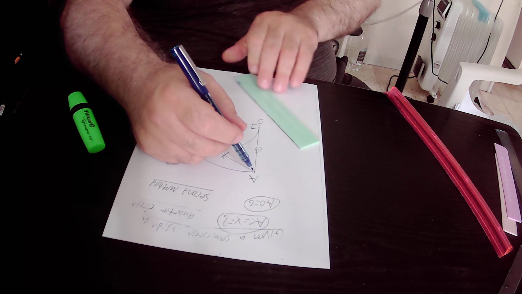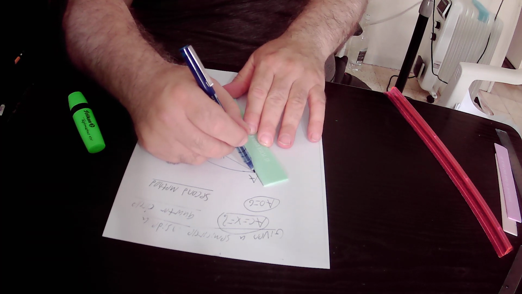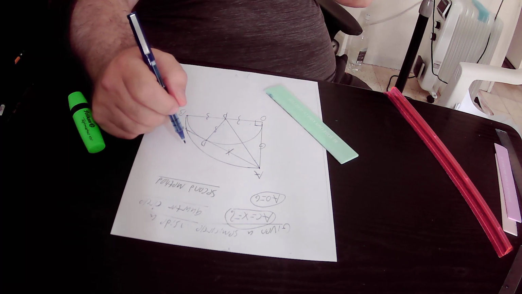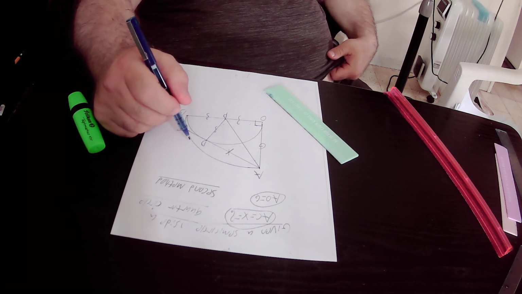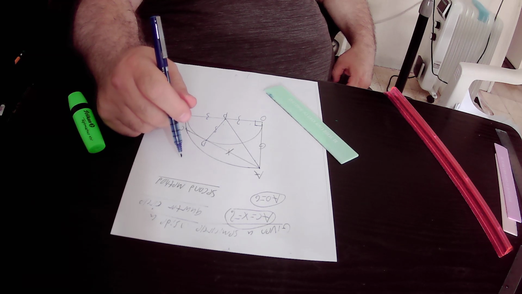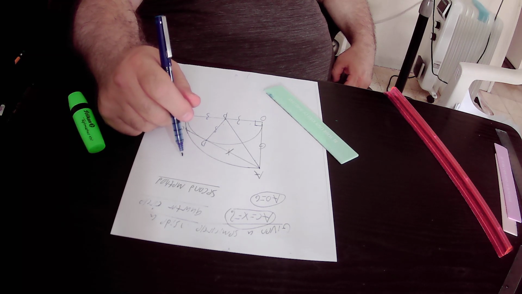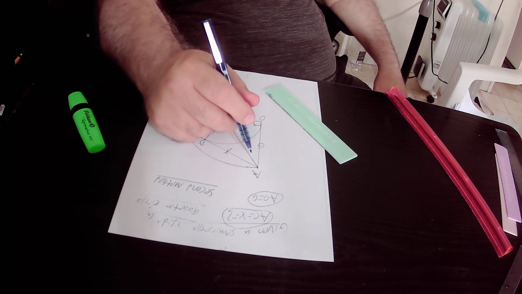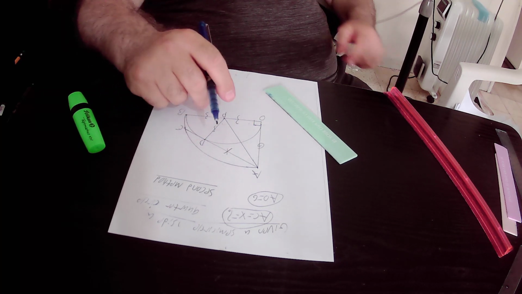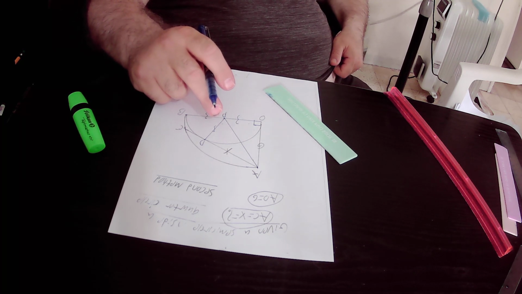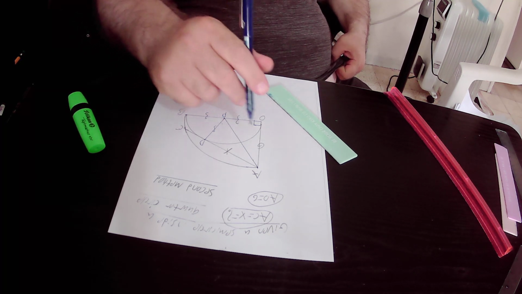Then we connected points A and P together by a straight line. And we already found out that AD equals 6 units. And here those two triangles are congruent. Triangle AOP is congruent to triangle APD according to the side rule.